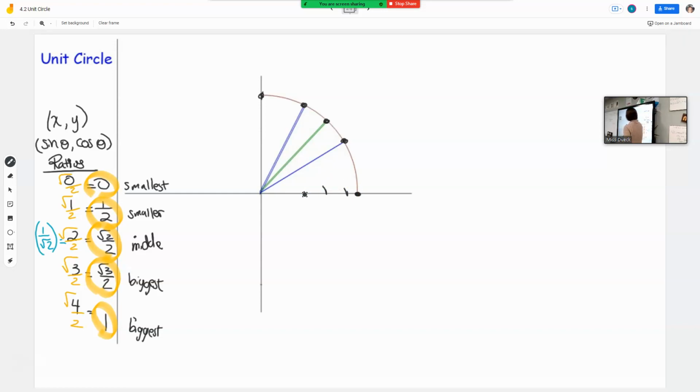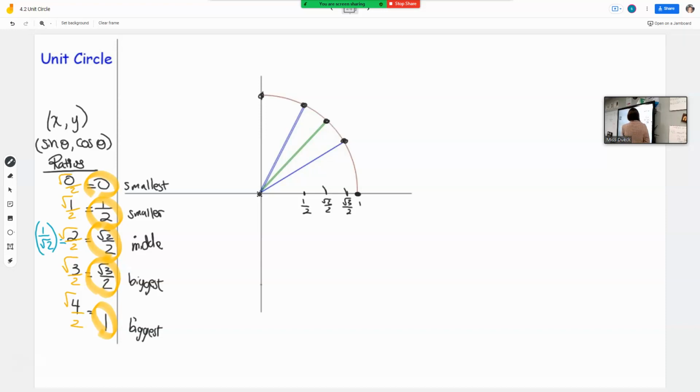Okay, but there's the biggest x can be, and then x is going to count down from there. So the biggest x can be, and then the bigger, but not the biggest, and then the middle, and then the smaller, but not the smallest, and then we have all the way down to 0. And we could label that all the way around the unit circle.